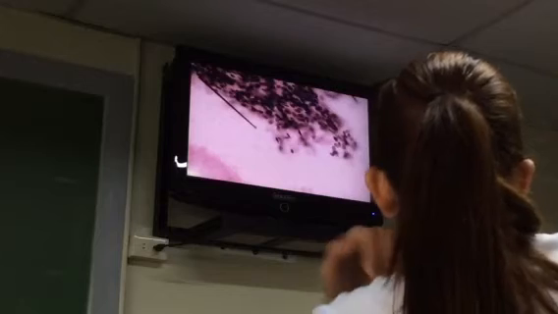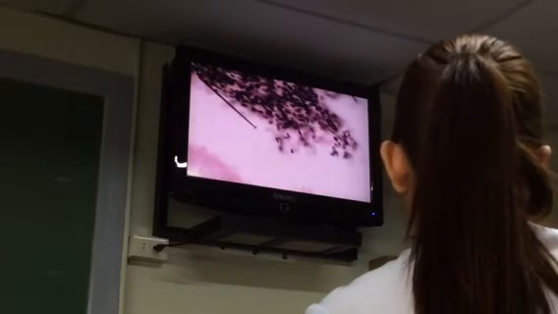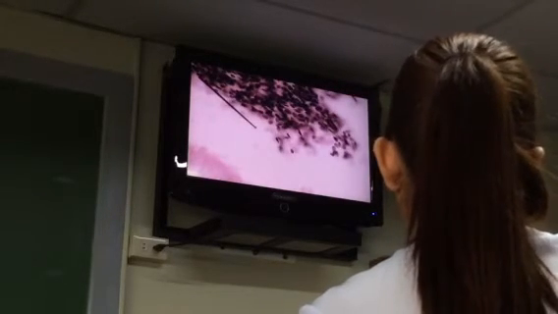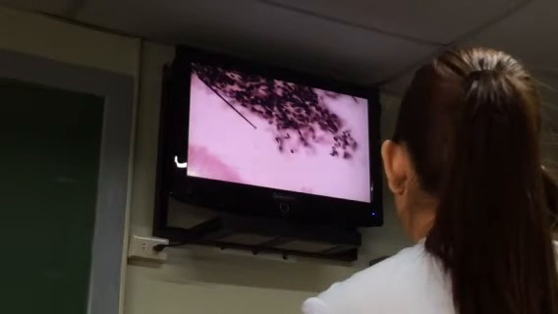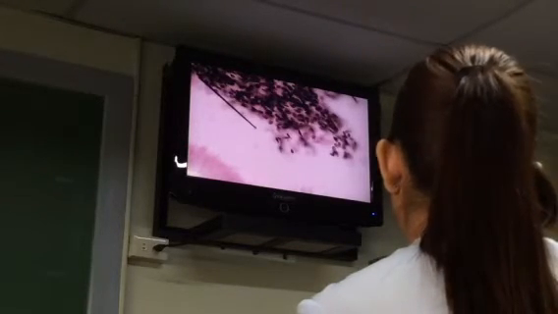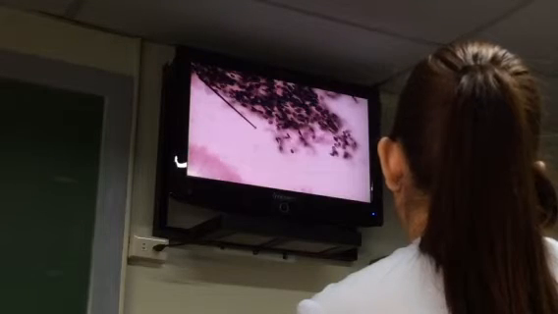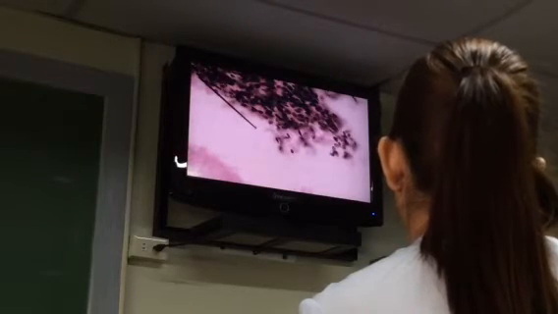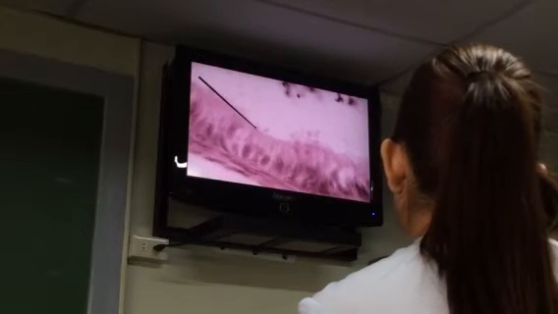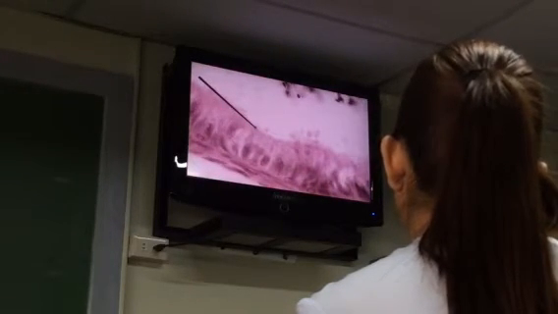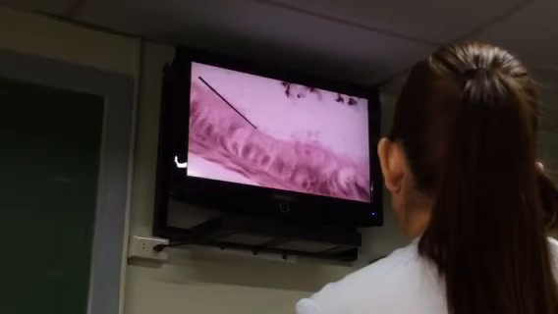Because the epididymis will serve as a temporary storage for your sperm cells until they reach maturation. So in other words, sperm cells will actually reach maturation in the epididymis. Okay? So yan po. You will see tubules lined by your pseudostratified columnar with stereocilia.